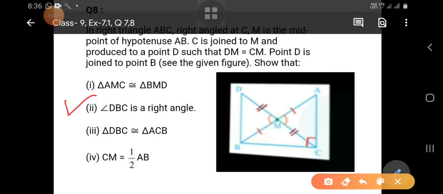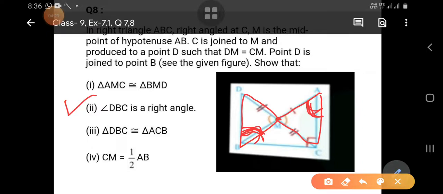Now the second, you have to prove that angle DBC is a right angle. In the picture, just see once again, since these two triangles are congruent, this angle is equal to this angle. Clear?